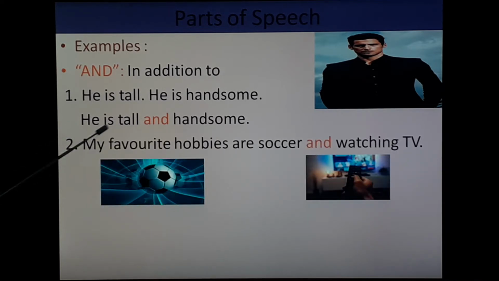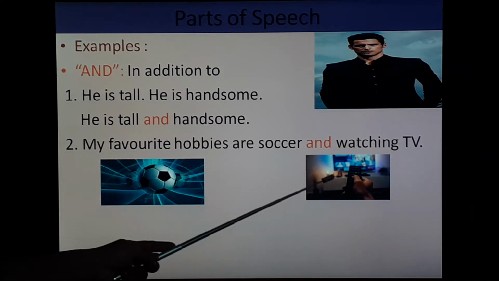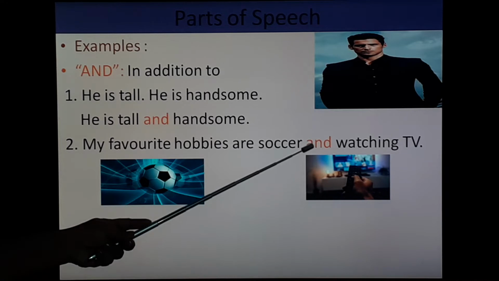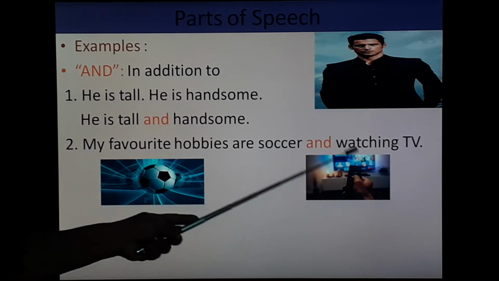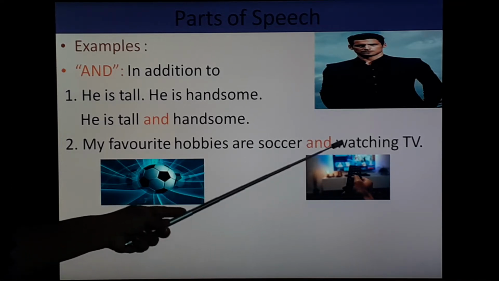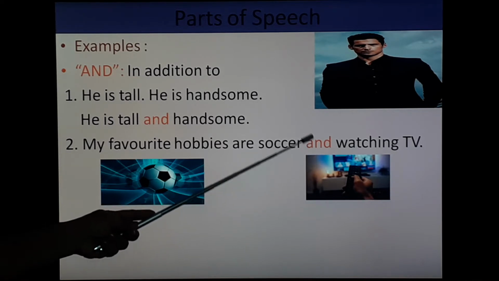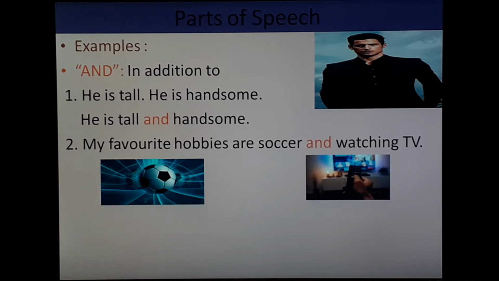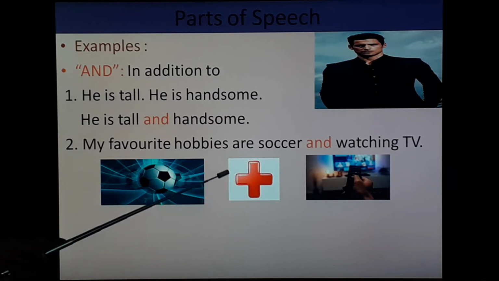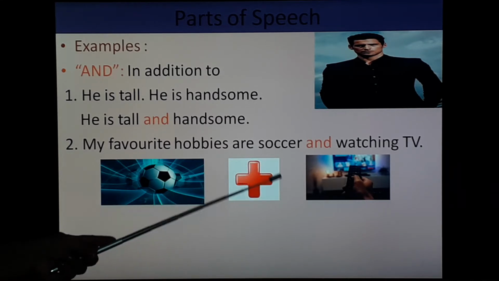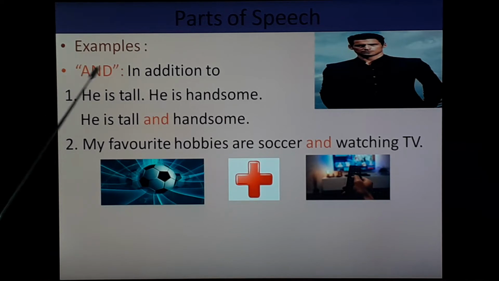Second, my favorite hobbies are soccer and watching TV. So here two words are connected with the help of and. That is why and is a conjunction. So in other words we can say plus. You have to add. That is and, means in addition to.